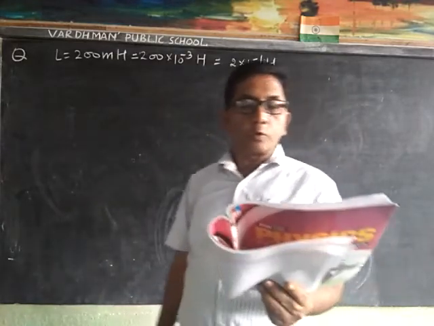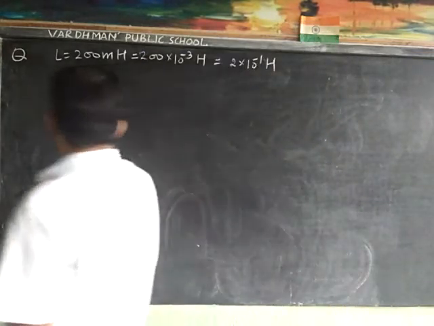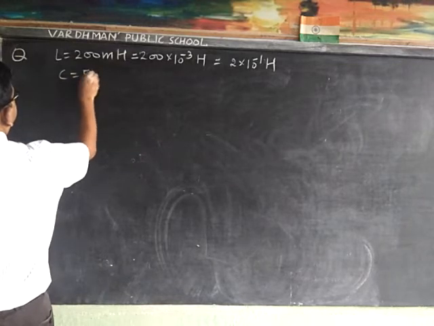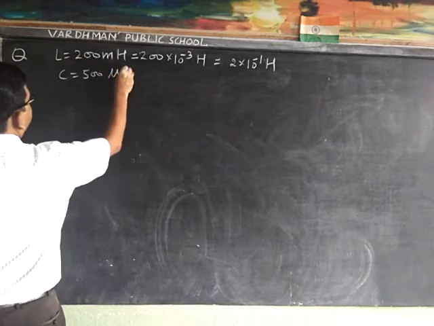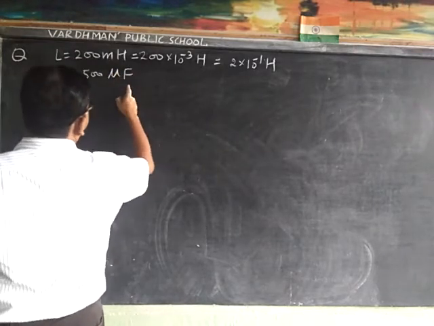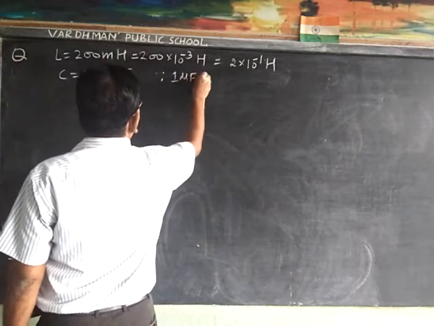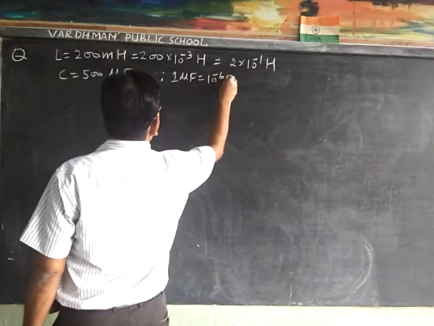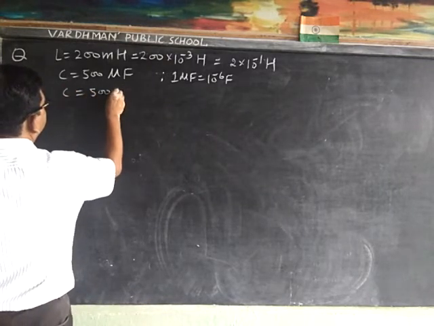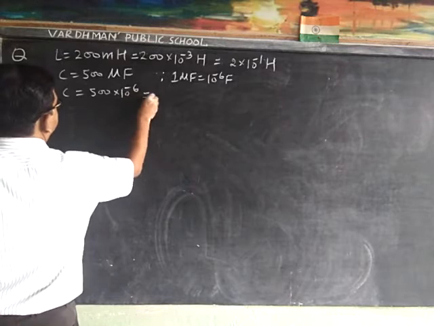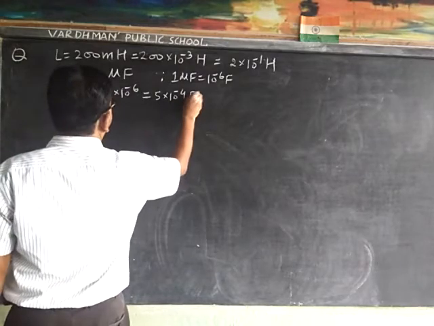A capacitor C of 500 microfarad. We know 1 microfarad is equal to 10 power minus 6 farad, that is 500 into 10 power minus 6, that is 5 into 10 power minus 4 farad.